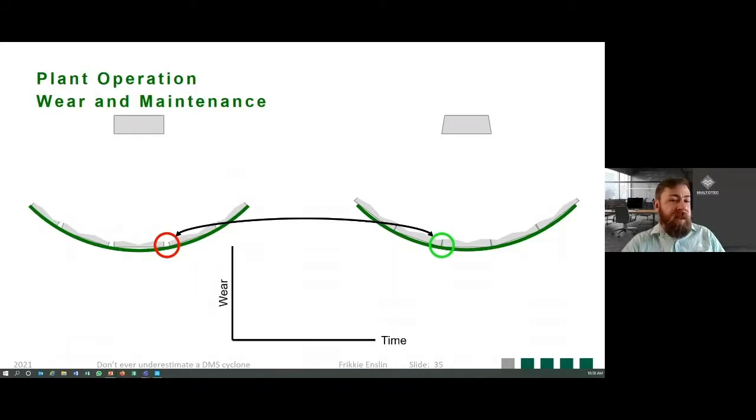On the right-hand side with the engineered tiles, the wear is relatively constant because the space between the tiles stays relatively constant. But the wear on the red tile, the standard tile, increases as the gap between the tiles increases. Still, why does this matter? I've already spoken about that 85%, so there's a certain cutoff point, and you can see the red example will reach that cutoff point much quicker than the green example.